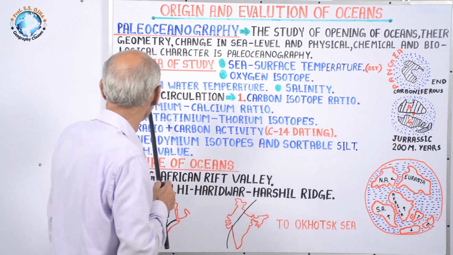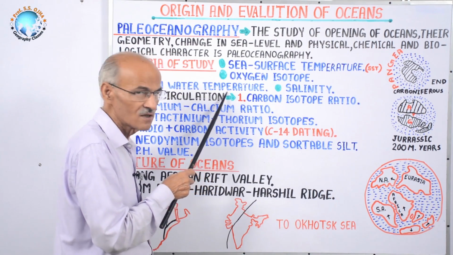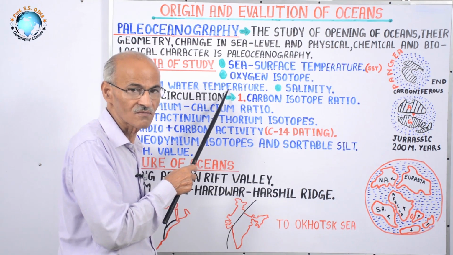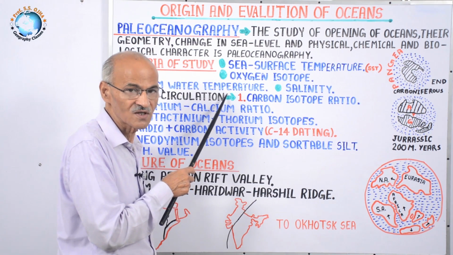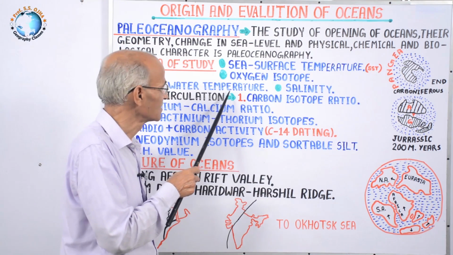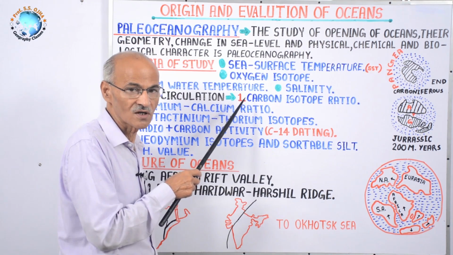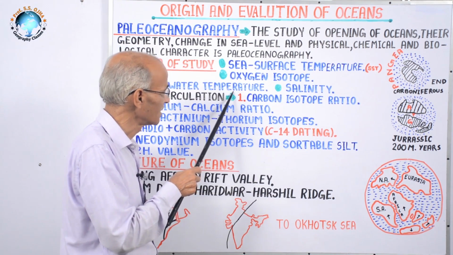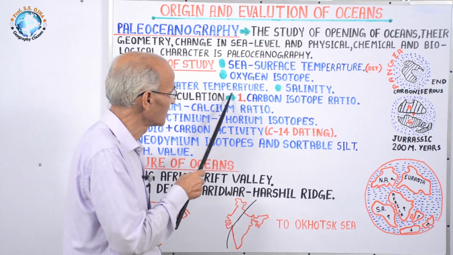So, the next point is bottom water temperature. Today, we see that with increasing depth in a water body, temperature decreases, and bottom temperature is somewhere -2 degrees Celsius, somewhere -4 degrees Celsius. And this bottom water temperature has been changing in the past. Hence, this helps us study paleoclimatology.